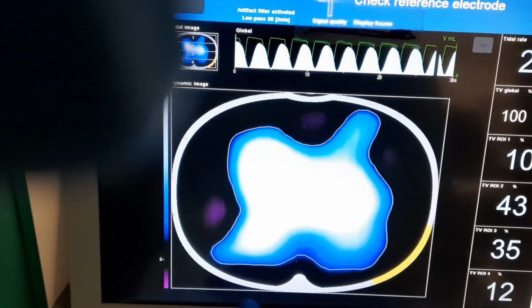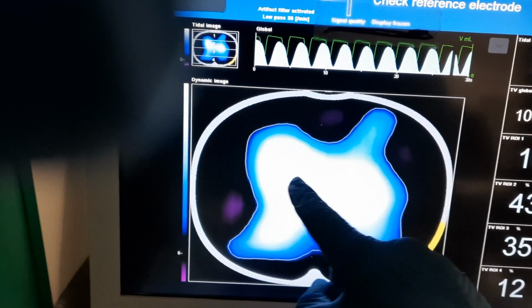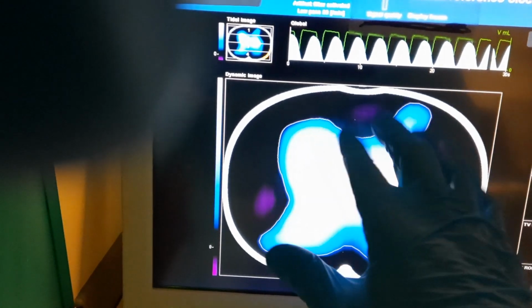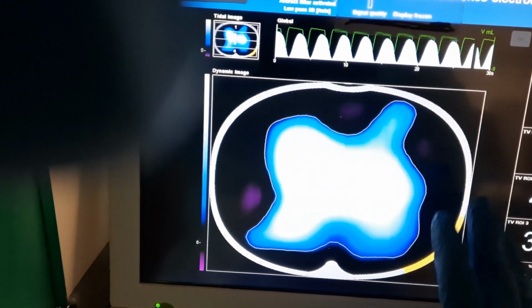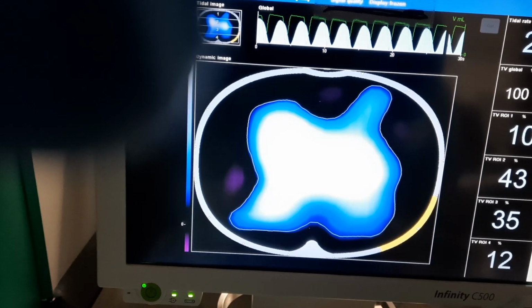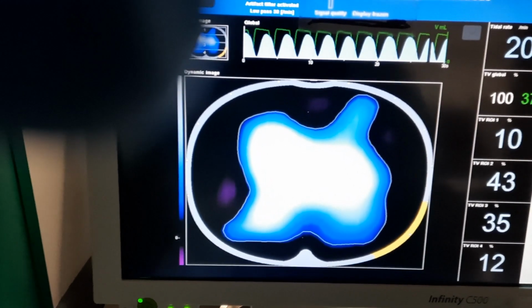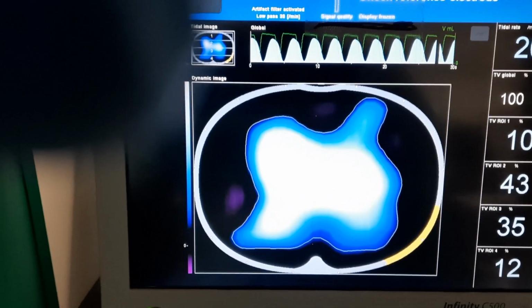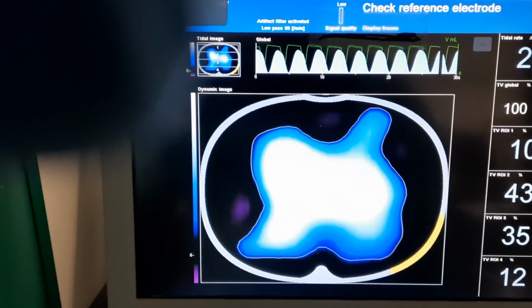A wonderful distribution of ventilation, a little bit more in the mid-ventral to ventral areas, which is fine. So this is a nice even distribution, an impressive difference just by changing the position of the patient, pretty much keeping the same parameters that the patient was on yesterday.